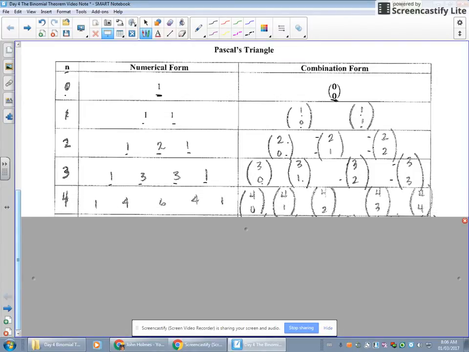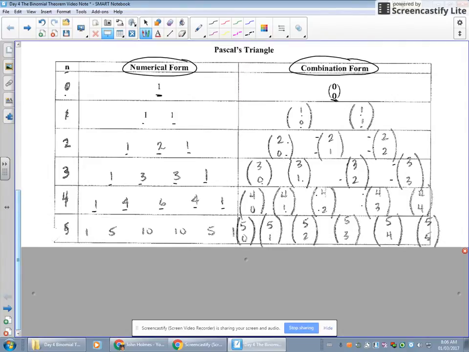And in the fourth row, the numbers are 1, 4, 6, 4, and 1. In combination form, 4 choose 0, 4 choose 1, 4 choose 2, 4 choose 3, 4 choose 4. We want to really recognize that the numbers in Pascal's triangle are exactly equivalent to writing this out in combination form, using combination notation.